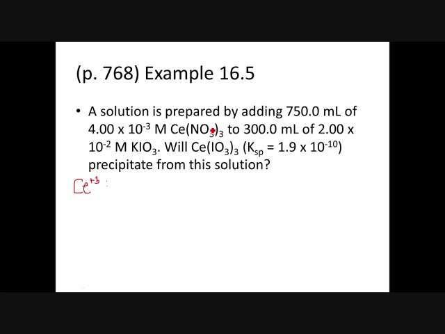Okay, because if we look at our Ksp expression of our solid, I'm just talking about this right here, the cerium has a +3, notice the 3. And then the iodate has a -1, so the IO3 with a -1. And then there's a 3 down there.